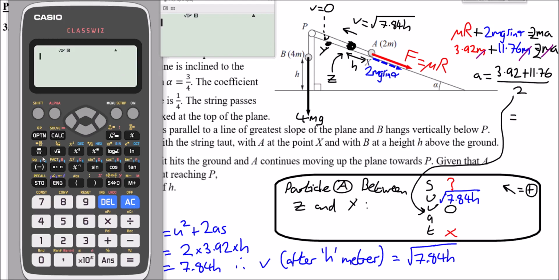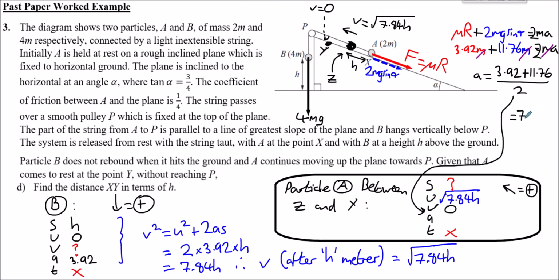Let's see what we get. 7.84. So the magnitude of the acceleration is 7.84 meters per second squared, but it's acting down the slope, so for us it's minus 7.84.